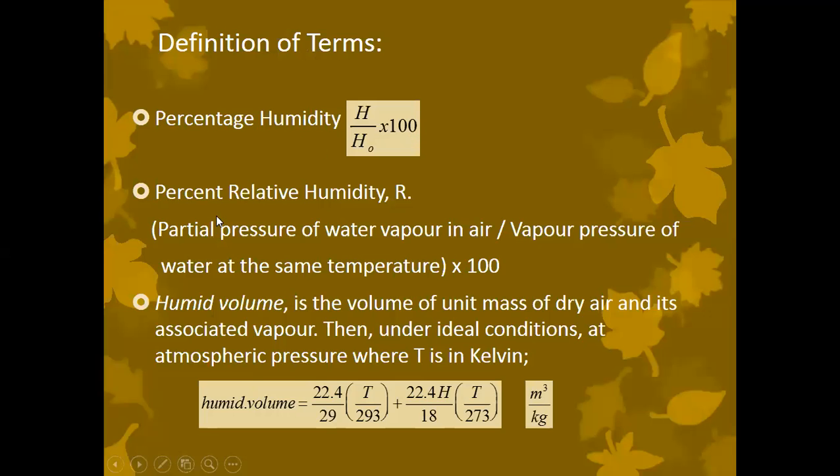Now, we also have what we call percent relative humidity. In some reference books, in the case of Colson, it's represented as capital letter R. That is, if you're using Colson as a reference, this one is represented as R. This is the partial pressure of water vapor in air over the vapor pressure of water at the same temperature. So take note, class, that the numerator is partial pressure, whereas the denominator is vapor pressure at the indicated temperature.